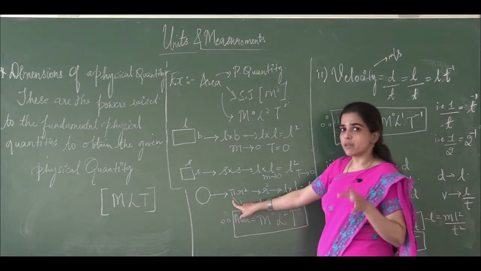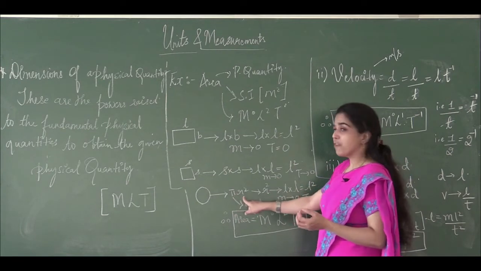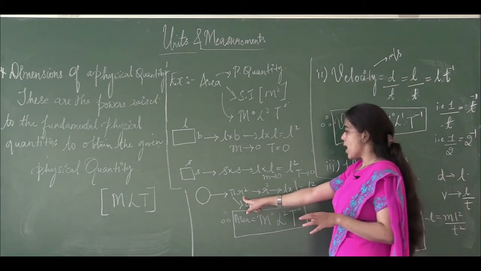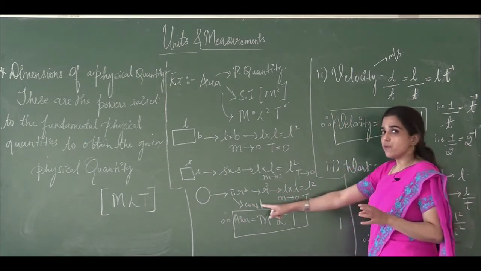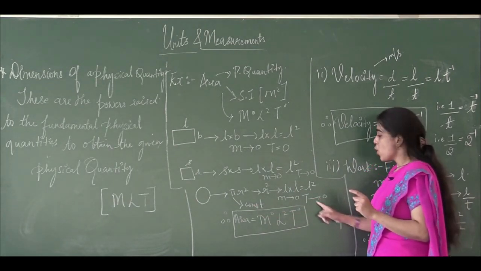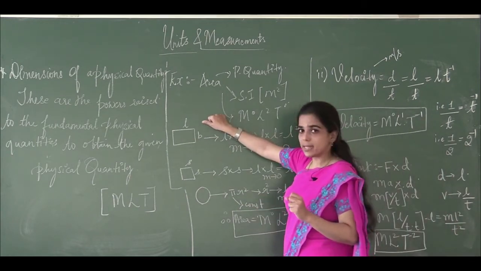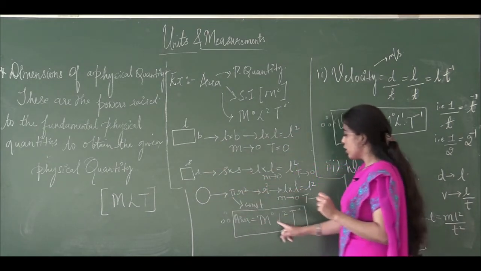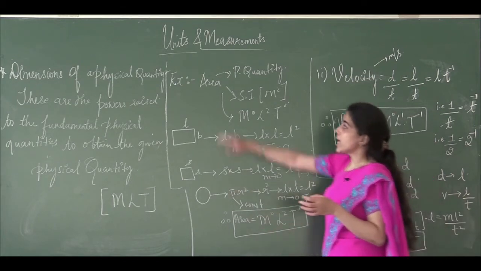Here pi is a constant value, therefore it is negligible. Then we have the radius, which is again in terms of length, in meters. So r square can be written as length into length, which is L square, and we don't have any mass or time, so mass and time become 0. Therefore the area for all three, the rectangle, square and circle, is M naught, L square, T naught. So this is the dimensional formula for area.